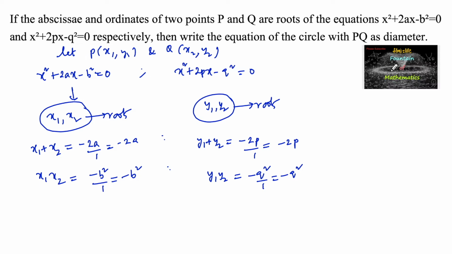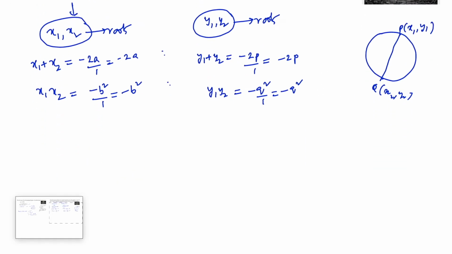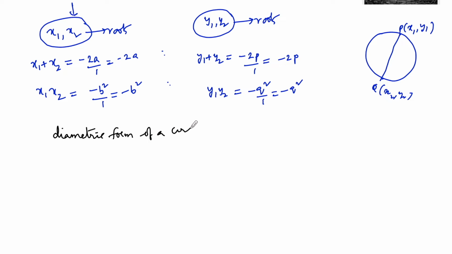So then write the equation of the circle with PQ as a diameter. Since we know that if the two endpoints of the diameter are given, (x1, y1) and (x2, y2), then the diametric form of the equation of a circle is given by (x minus x1)(x minus x2) plus (y minus y1)(y minus y2) is equal to 0.